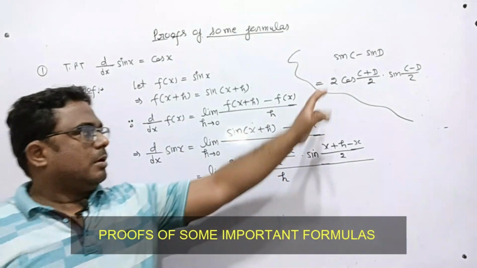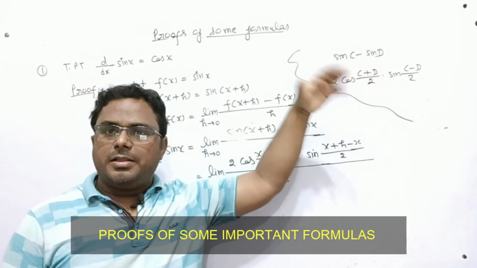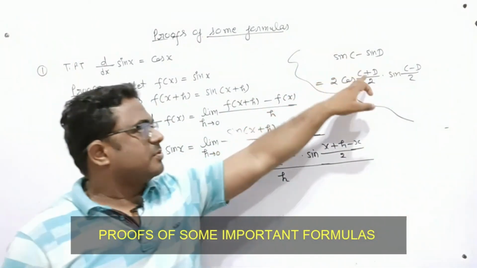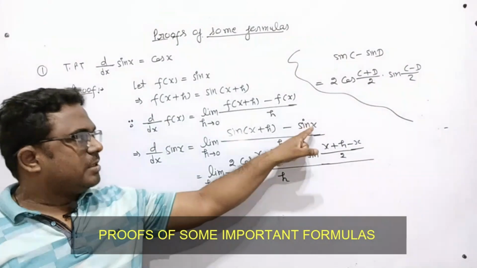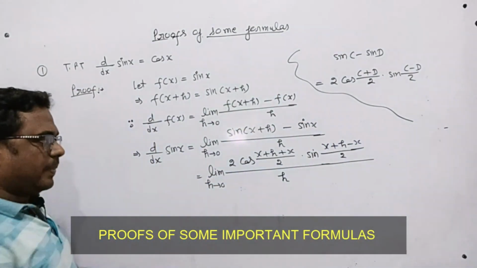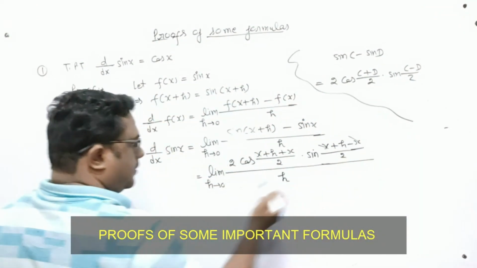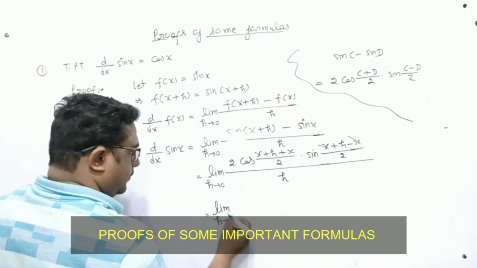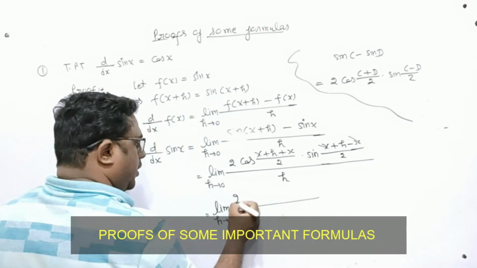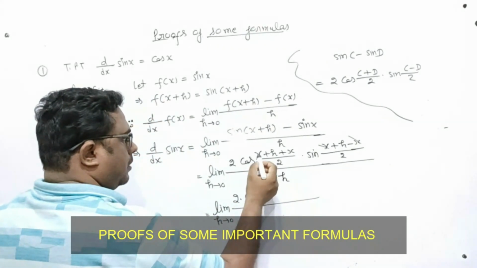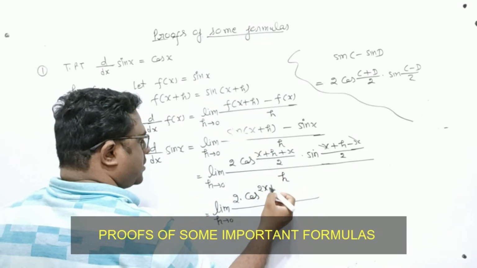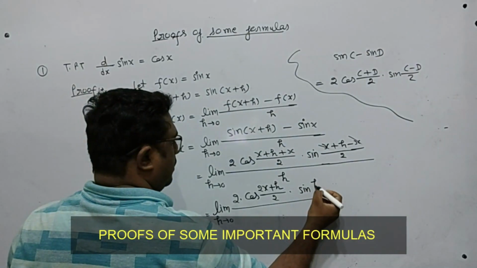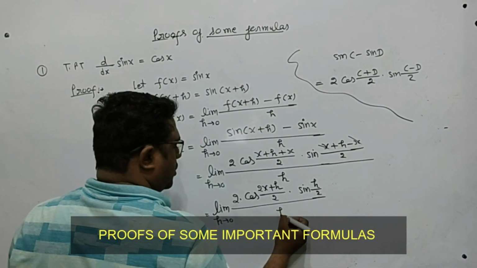Simply, I know this identity, and in this identity simply put x + h in place of C everywhere and put x in place of D everywhere. Here x and x cancelled, so equal to limit h tending to 0, 2 into cos((2x + h)/2) into sin(h/2) and whole upon h.